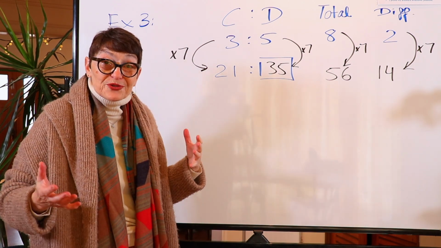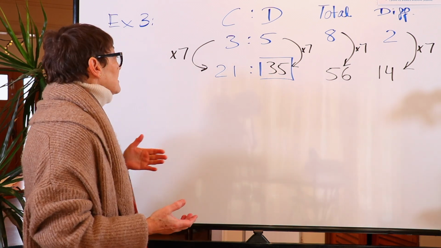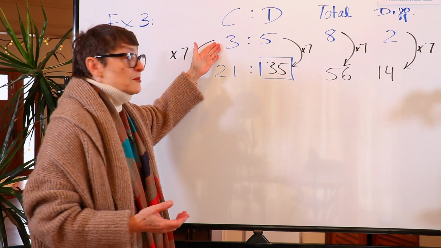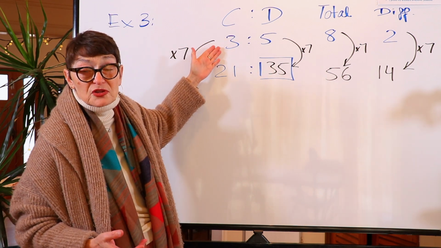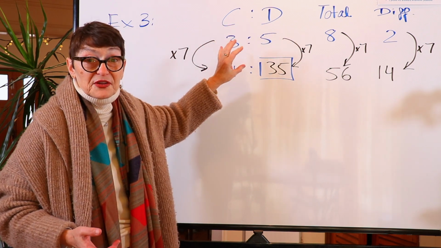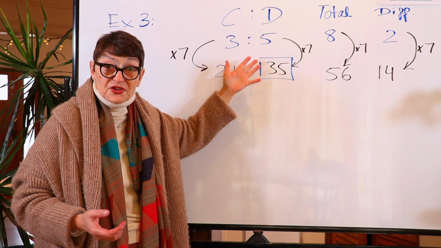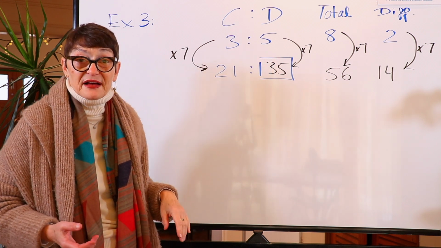What else do you know for sure if your answer has to be an integer? Well, you know, for example, that the number of cats must be a multiple of 3. The lowest ratio will always tell you that. You know that the number of dogs must be a multiple of 5.